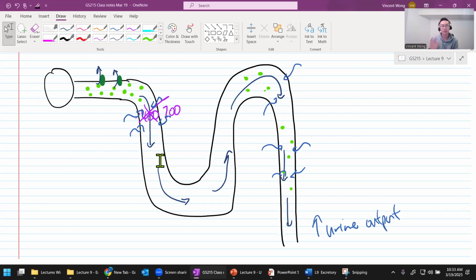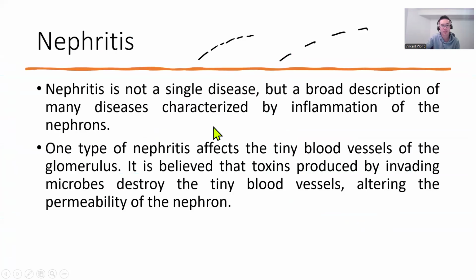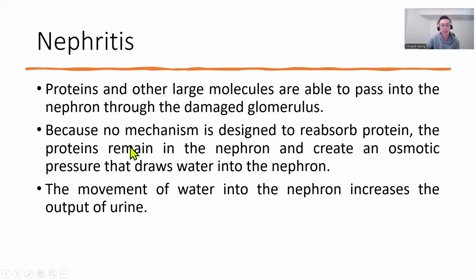If you pee more frequently than you normally would, it's sometimes a cause for concern. If you're not drinking extra water or increasing your caffeine intake, and you're peeing more often than you normally do, maybe it's a sign that something is happening, and you should get it checked out.